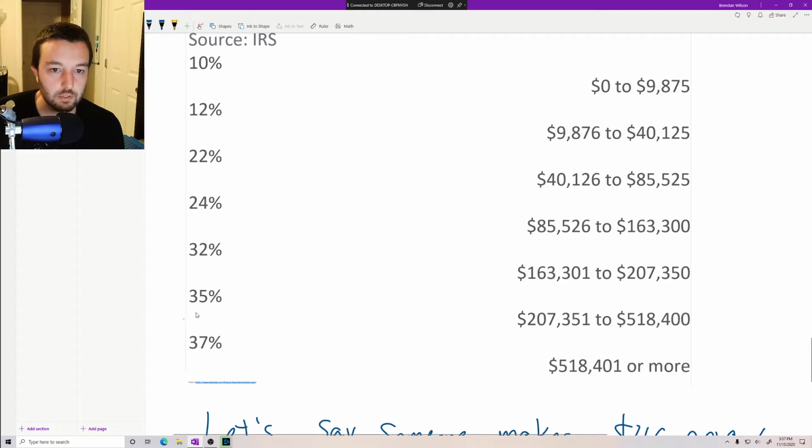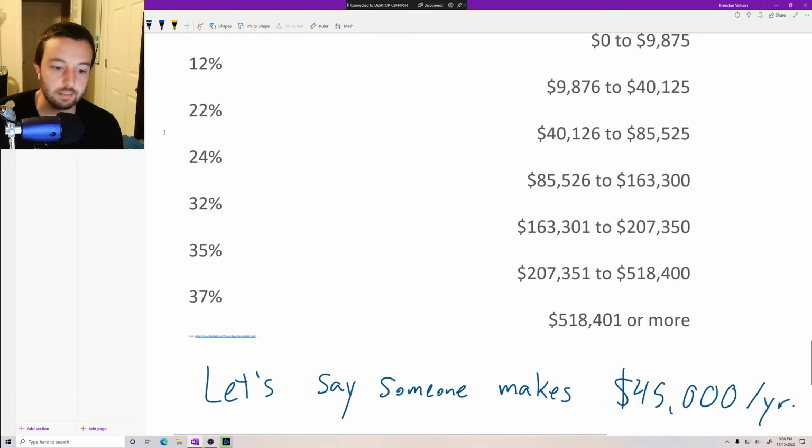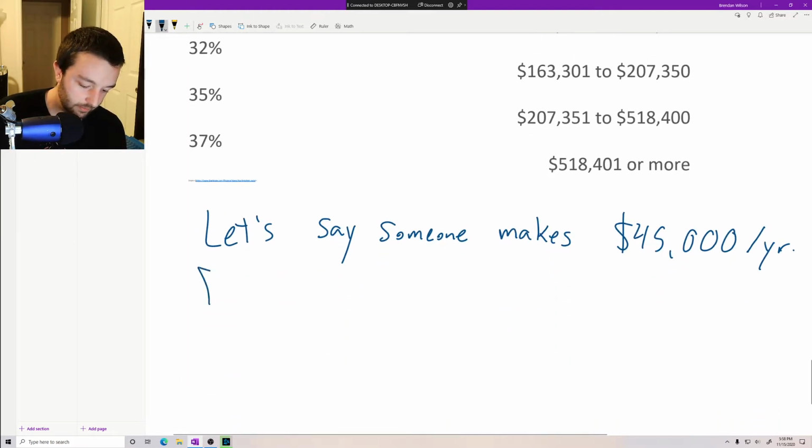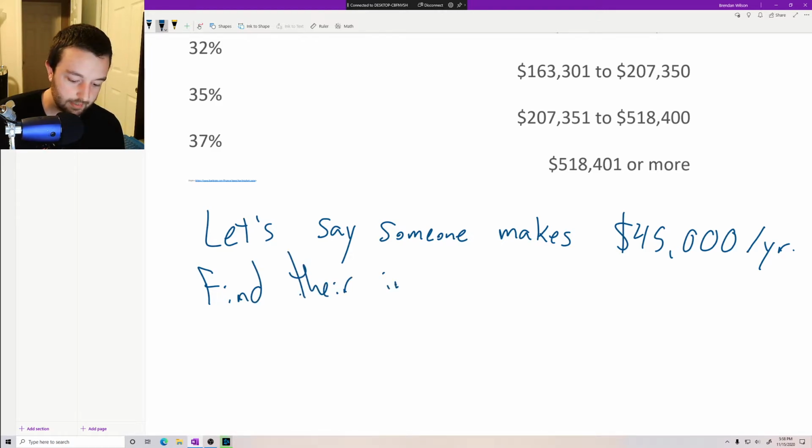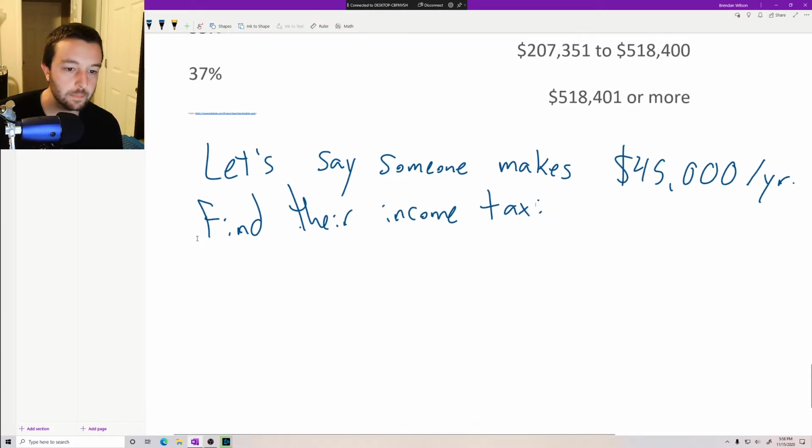And then how is this going to work out? So the first $9,875 are taxed at 10%. Okay, so we're going to find their income tax. I should also mention this is the federal income tax. You also have state income taxes.